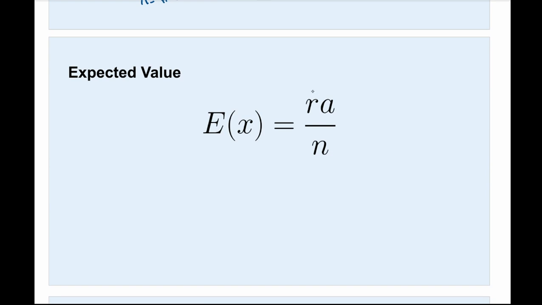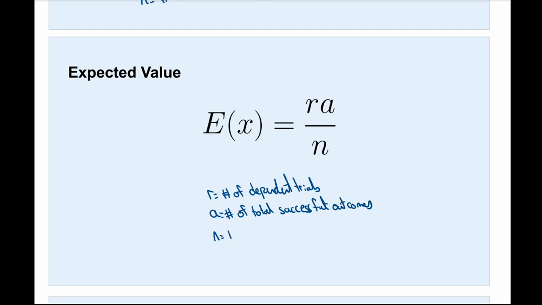Again, R is the number of dependent trials, A is equal to the number of total successful outcomes, and N is the number of total outcomes.